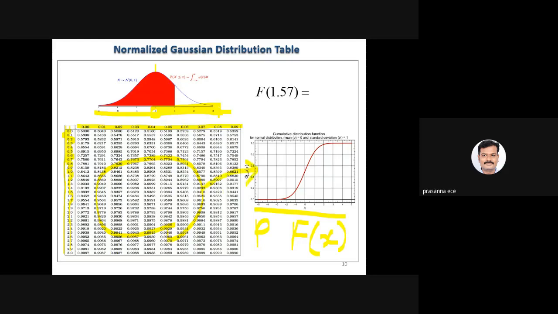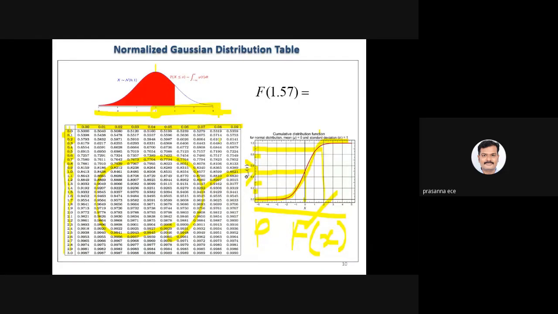Suppose you take x equal to 0, you have a value of 0.5. Here it is showing a different graph, actually a shifted version, so we'll just consider the form of the graph. All the values shown here are used to plot this graph, which is the graph of fx of x.